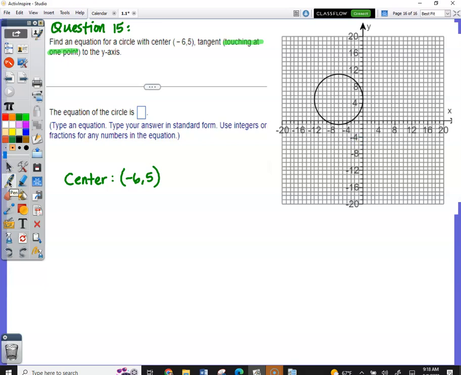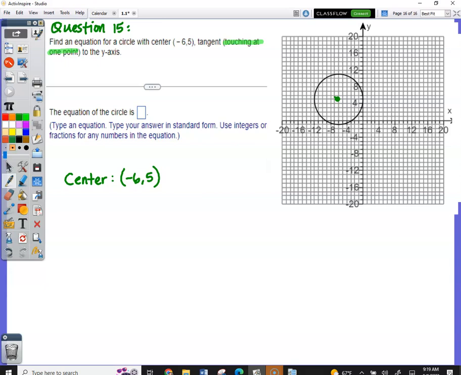All right. So looking at the picture, the center is -6, 5. And then they're saying that it's tangent to the y-axis. That is a very sneaky way of saying trace the edge of the circle, and once you hit the y-axis, the point that you land on is a pretty point.